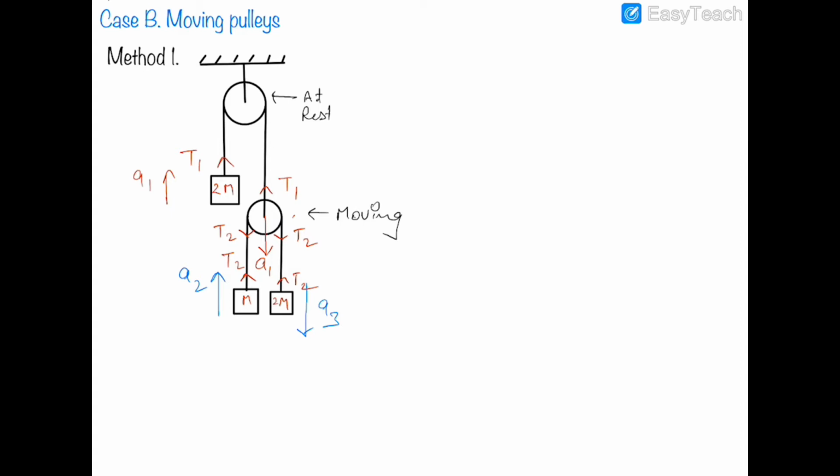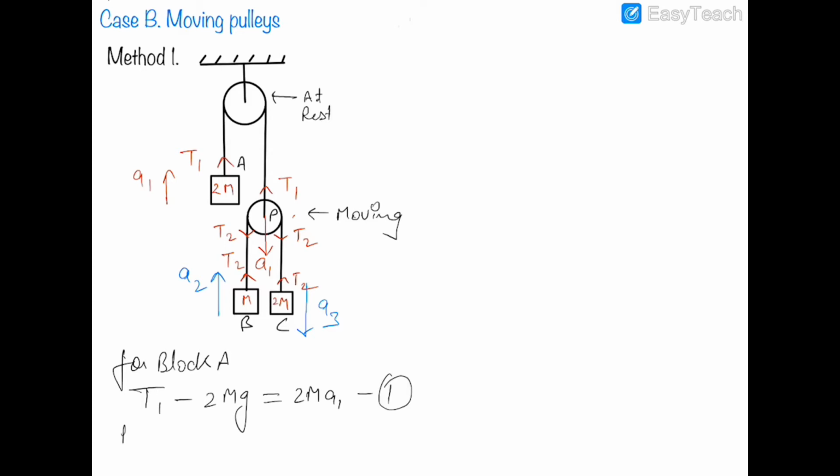I'm naming this block A, this is B, this is C, and this pulley is P. So I'm starting from here, for block A. Block A is moving upward, so T1 minus 2mg is equal to 2ma1. As this block is moving upward, therefore T1 will be greater than its 2mg. So this is equation number 1.